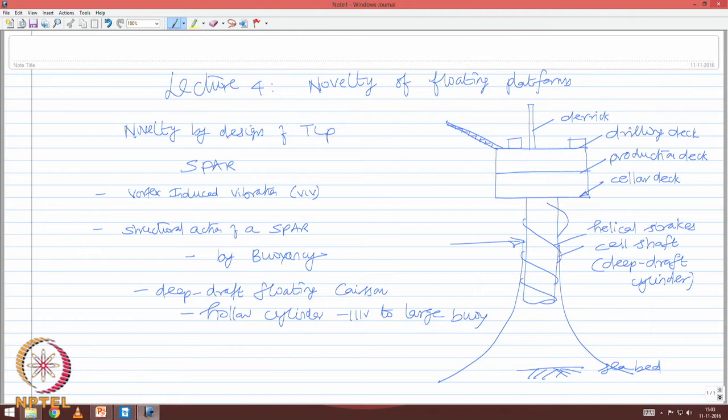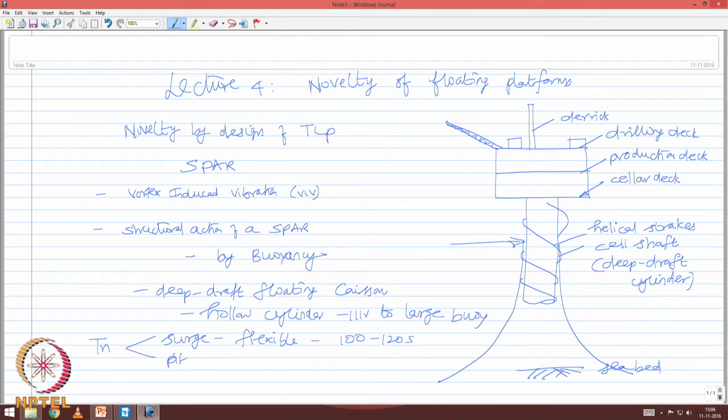If you look at the periods of the spar platform in surge, it is very flexible, which can go about 100 to even 120 seconds.